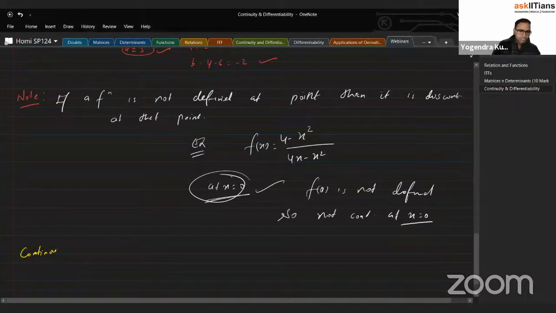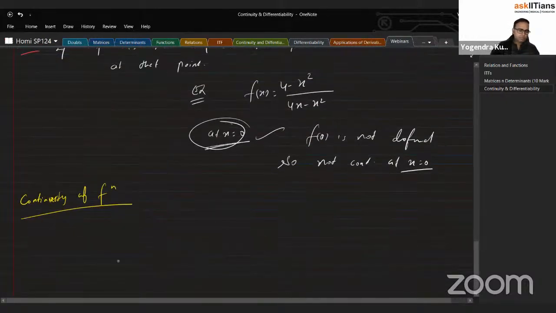So now, guys, let's write down the points. Continuity of different types of functions. There are a few results which we should remember.